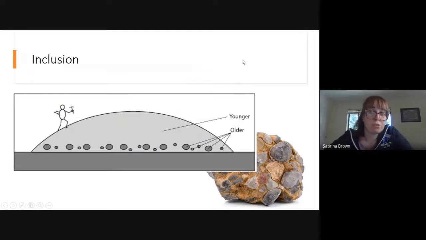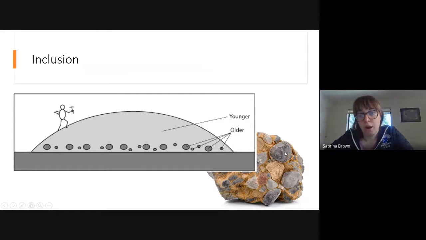Next, the principle of inclusion states that any rocks that are included in another rock are older. A really good example of inclusion is a conglomerate. Think of a rock that's cemented together, one of our clastic sedimentary rocks, with pebbles stuck together with mud, as an example of a conglomerate or a breccia.